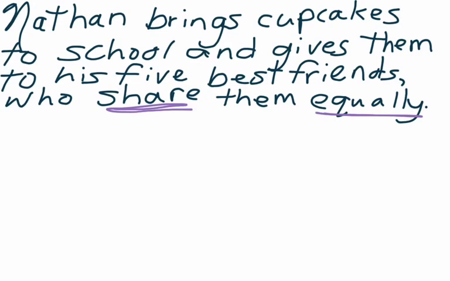Is there anything I could circle in here that might help me with writing my expression? The number word for 5, okay? Okay, so we're going to have C represent the number of cupcakes. If Nathan brings 15 cupcakes to school, so in this instance C is going to equal 15, how many will each friend receive?